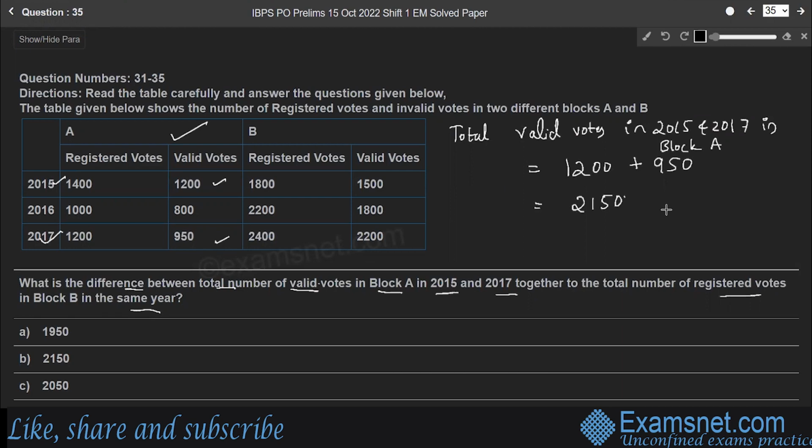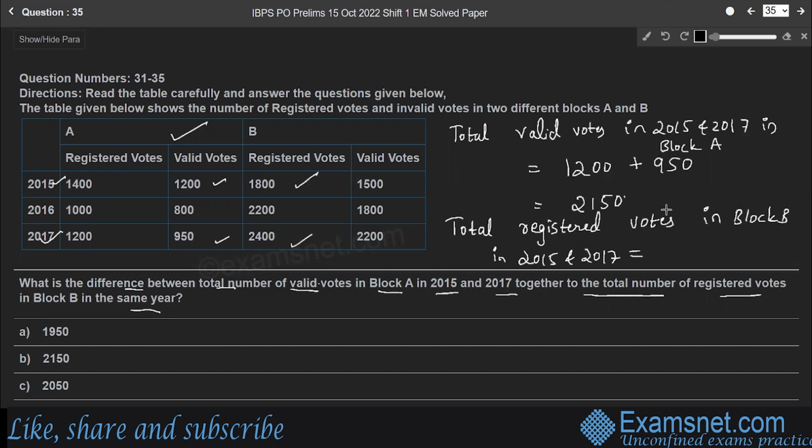2150 valid votes, whereas the total number of registered votes in block B in the same year, 2015 and 2017: registered votes in block B, 1800 plus 2400, so 4200 is the total number of registered votes, right?